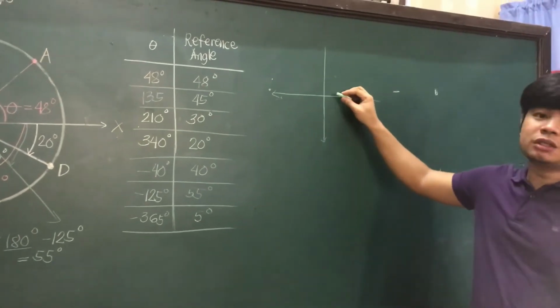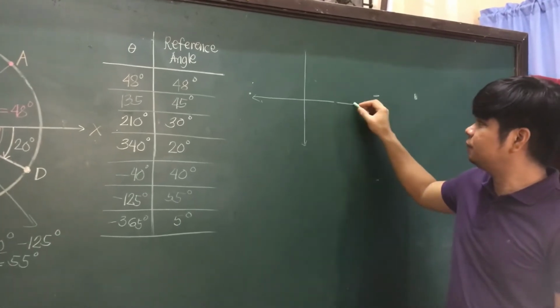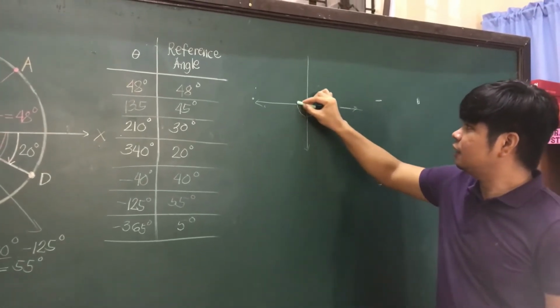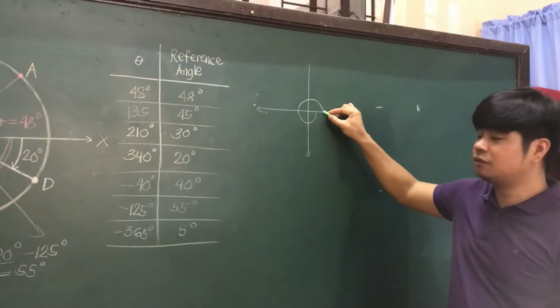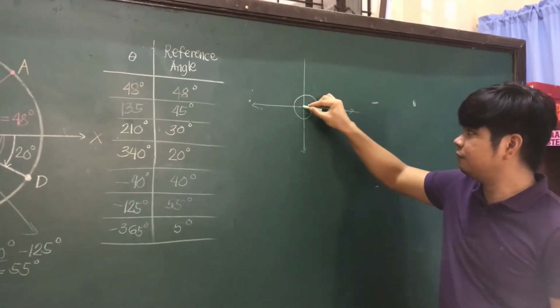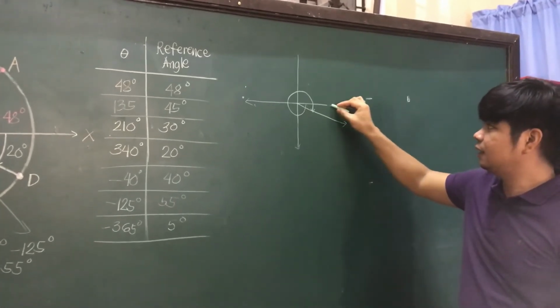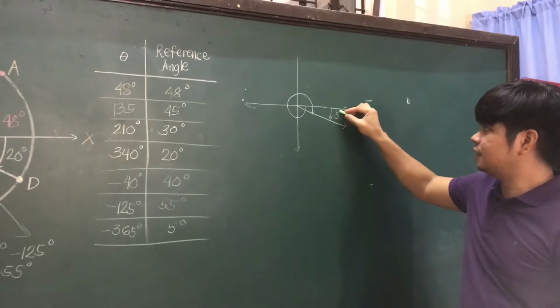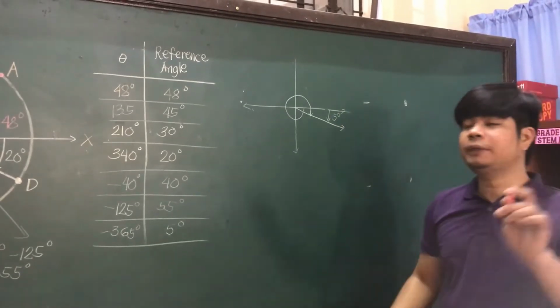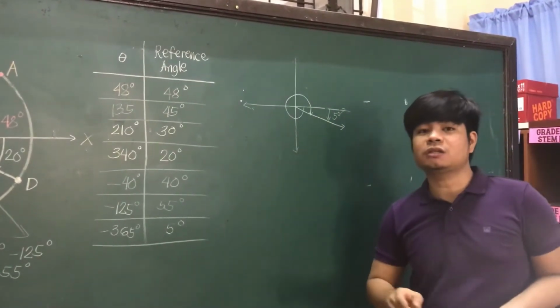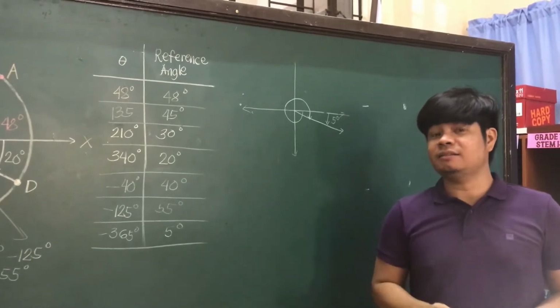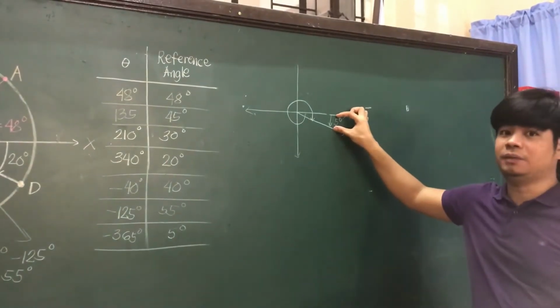Remember that our rotation is clockwise in standard position, okay? This is negative 360 degrees, so there is 5 degrees excess here. This is 5 degrees. Because one complete revolution for a clockwise rotation is negative 360 degrees, okay? So there is an acute angle formed here.